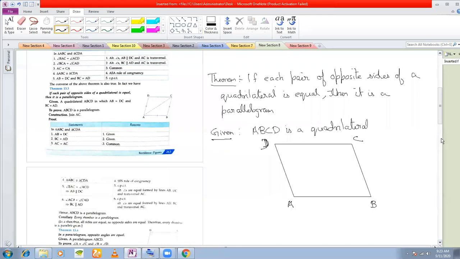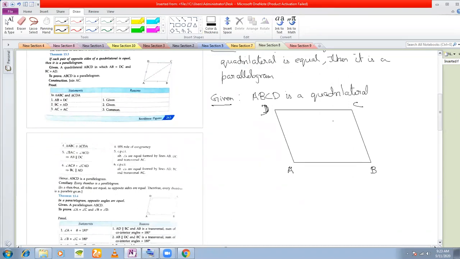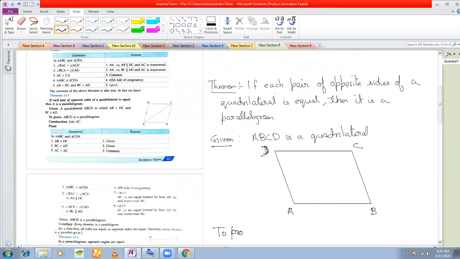Okay, and we will not write the parallel sides because it is not a parallelogram. And we'll write, to prove. Not only that, ABCD is a quadrilateral in which each pair of opposite sides are equal. So not only is this given, ABCD is a quadrilateral, but also that opposite sides are equal.